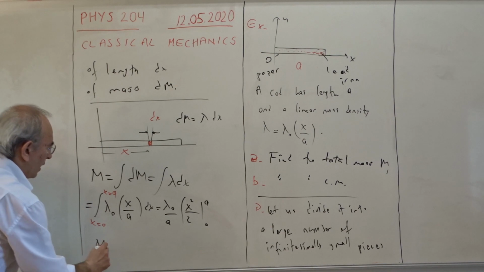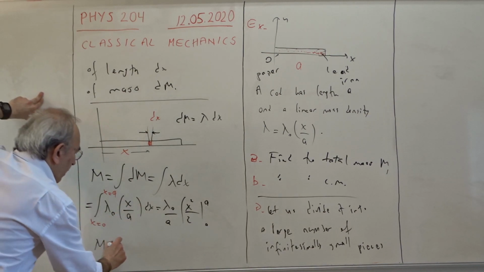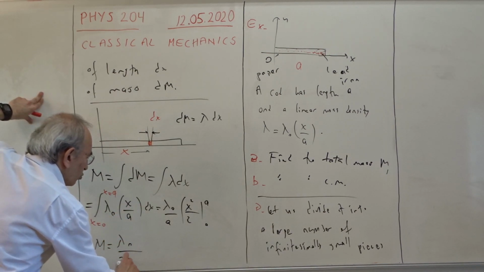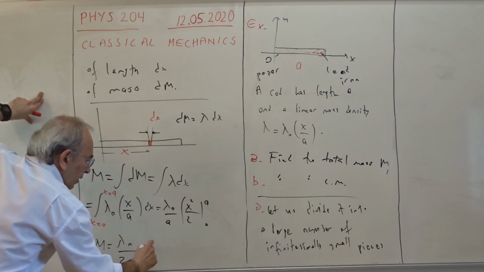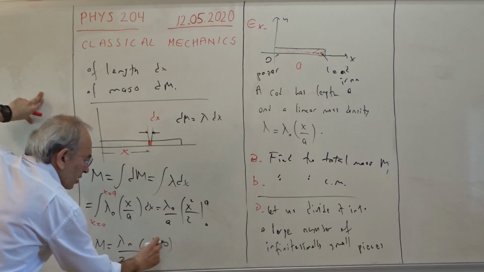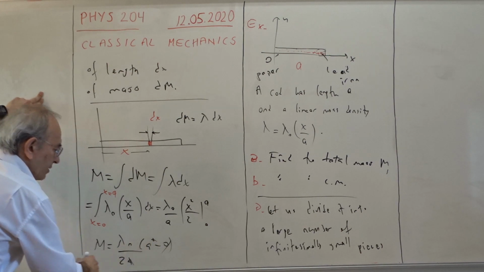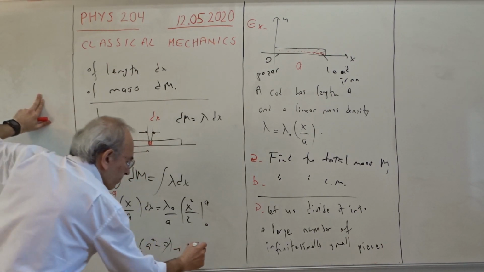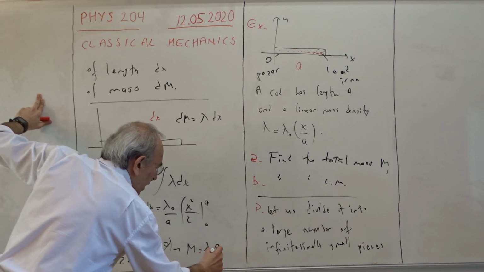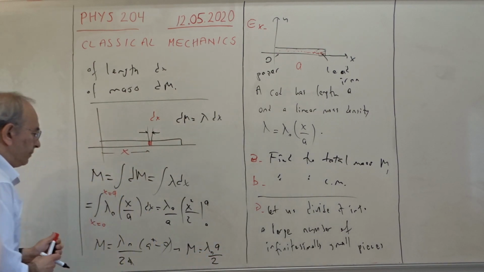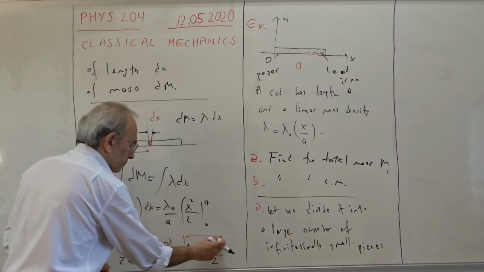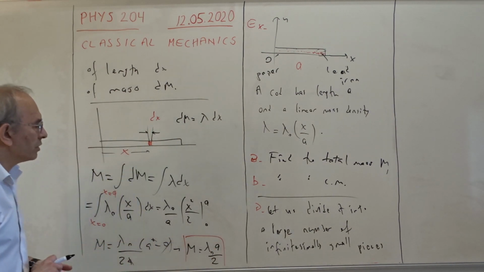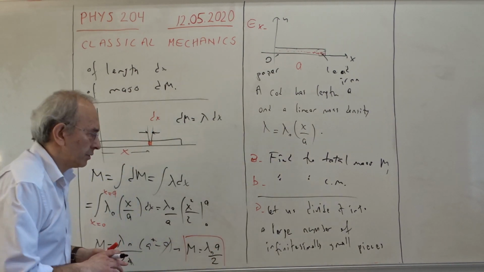So the total mass turns out to be lambda 0 over 2a multiplied by a squared minus 0. These a's will also cancel. The total mass is lambda 0 a over 2. So this is the total mass.